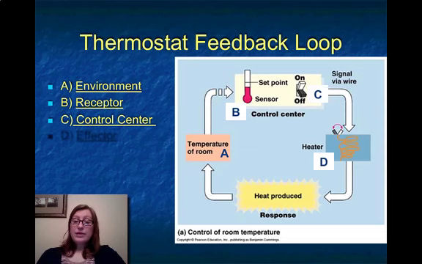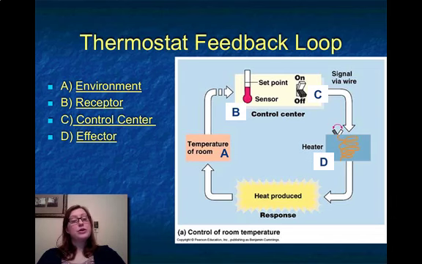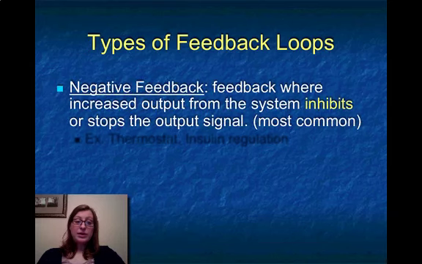Okay, it tells the heat source, which is the effector, to turn on, the heat is produced as part of the response, and the temperature of the room rises. So as you can see, it's sort of this chain of events that is going to bring our conditions back to their stable environment. Okay.